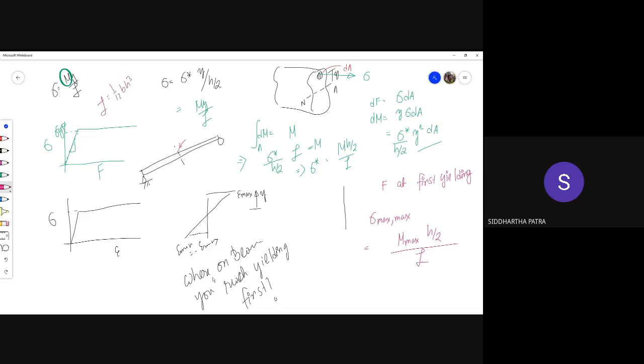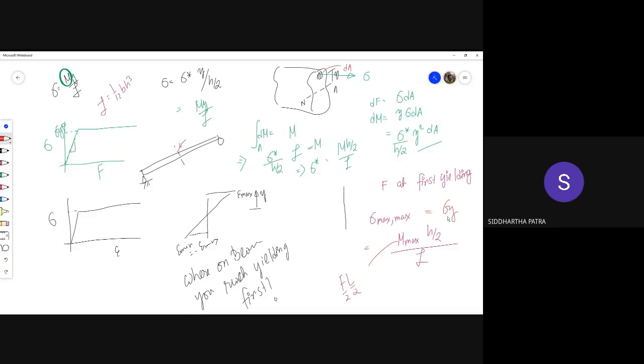And the maximum bending moment, as we discussed, was this quantity, right? Now, when first time yielding happens within the entire beam, the maximum bending stress anywhere on the beam, which is in the middle and at the top within the elastic limit, just turns out to be sigma y.